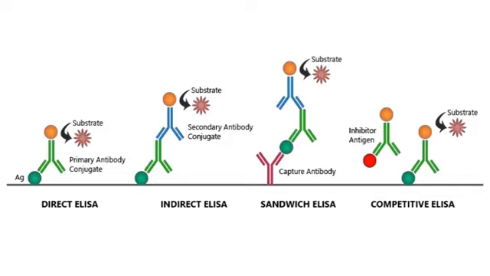بالدايركت قلنا الانتيجين coated on the plate, and then we add the antibodies which is enzyme linked, and when we add the substrate, and if the color develops, this color will be detected by the plate reader. In the indirect ELISA technique, we have also the antigen coated on the plate.